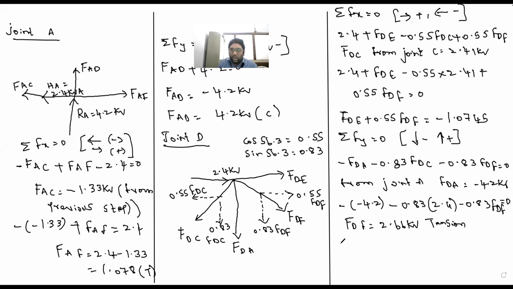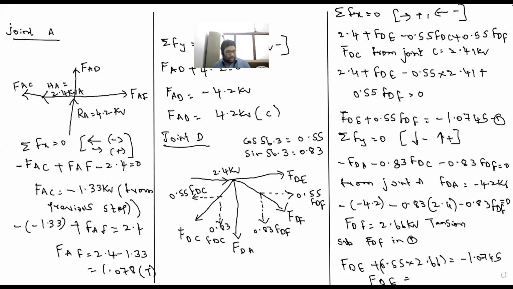Okay, now put into this equation. So let us say it as equation 1. Substitute FDF in 1. What will happen? FDE plus 0.55 into 2.66 is equal to minus 1.0745. From that, say the value of FDE. FDE is equal to how much?